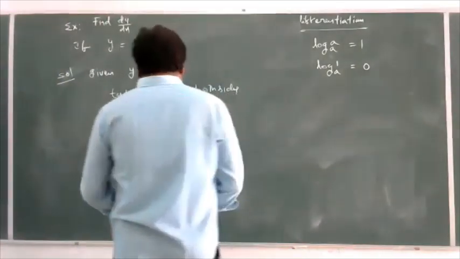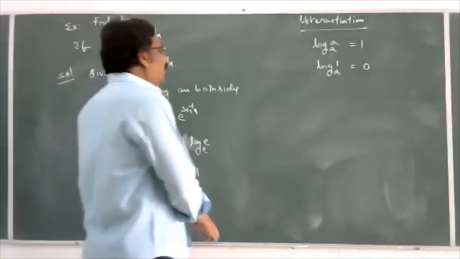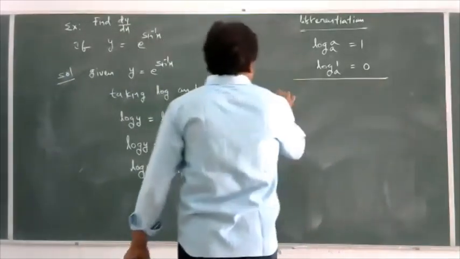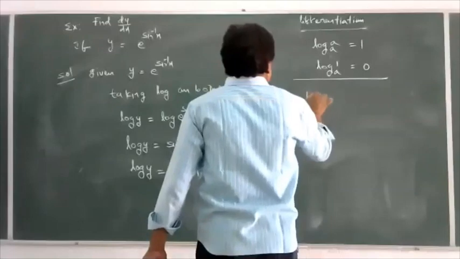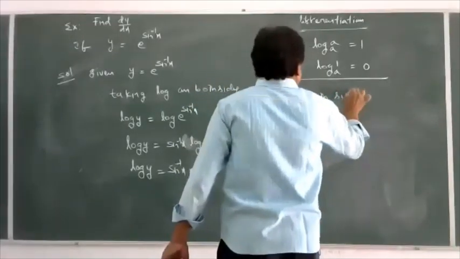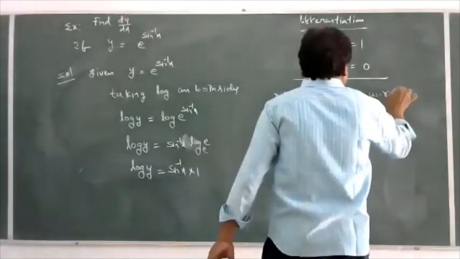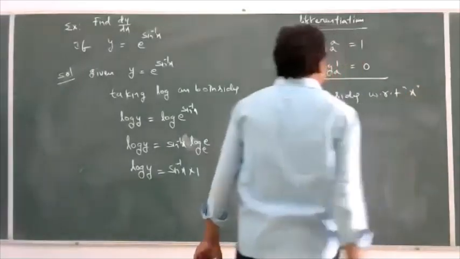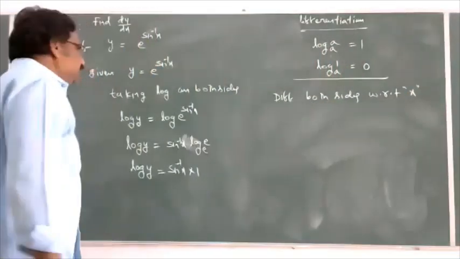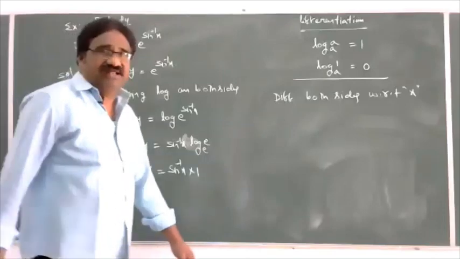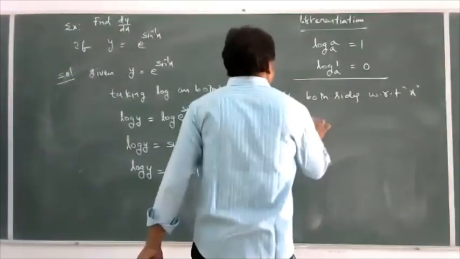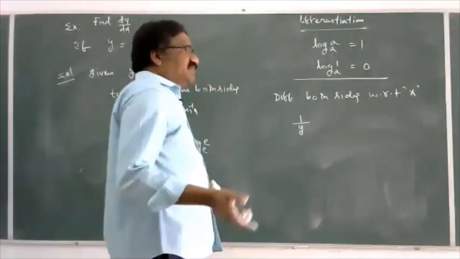Then this is the simplification. Then we are going to differentiate both sides with respect to x. Here, what is the log y derivative? 1 by y. Log x derivative is 1 by x.